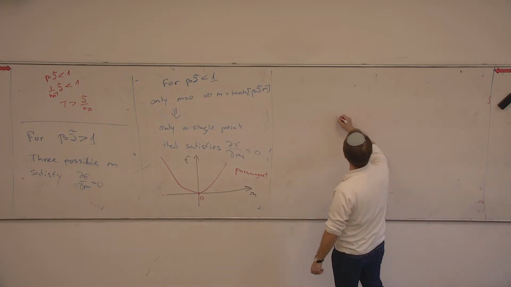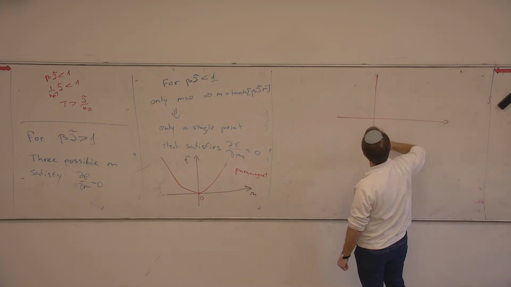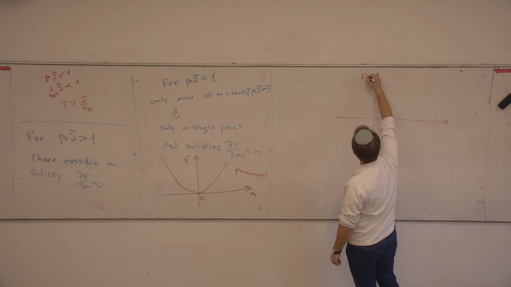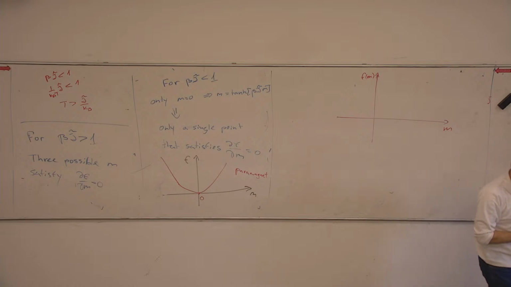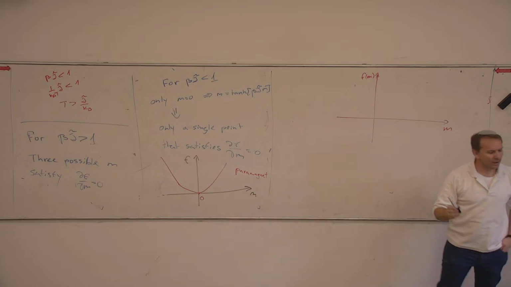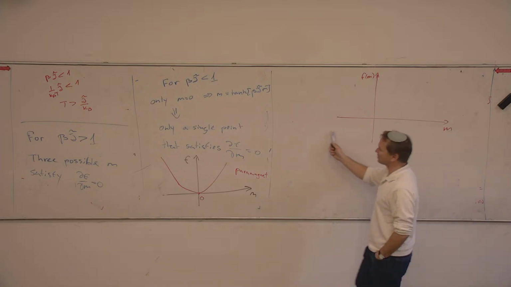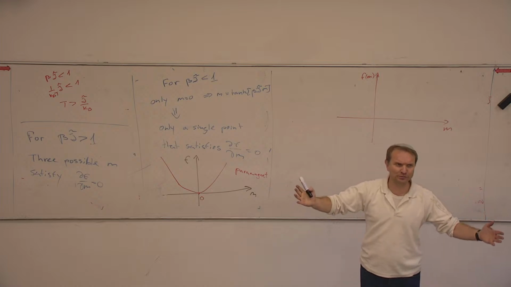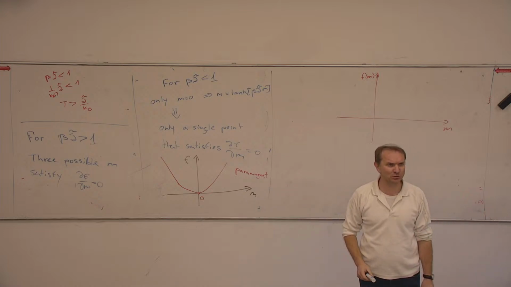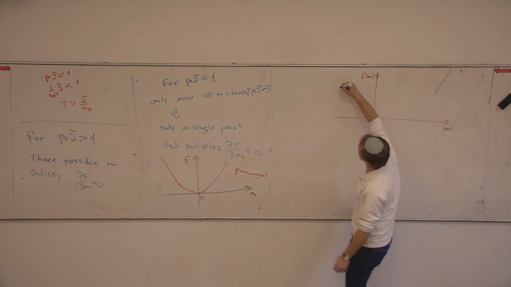Okay, so the claim is as follows. Let me interpret what you say. If you look at f as a function of m, we know the following thing. When m is extremely large or extremely small and negative, this is not a possible solution. So f has to be large in these regions.